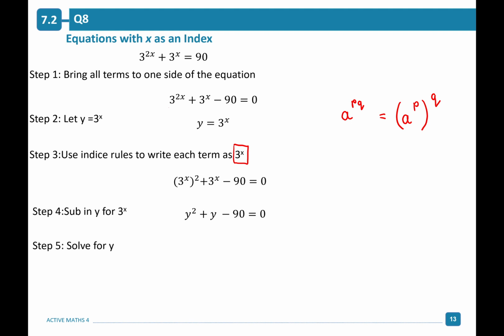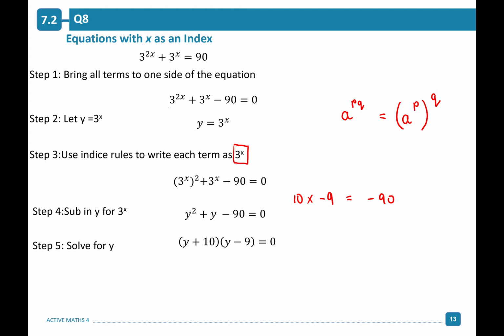To solve for y, we're going to factorize our equation. We want the factors of minus 90 that add to make your middle value of 1. Well, 10 times minus 9 gives us minus 90, and 10 minus 9 gives us our middle value of 1. So our factors are 10 and minus 9.